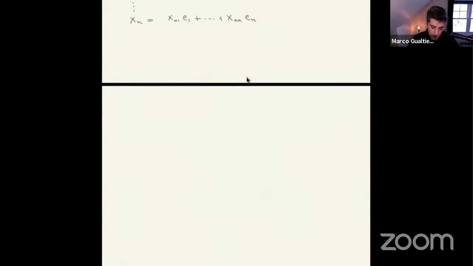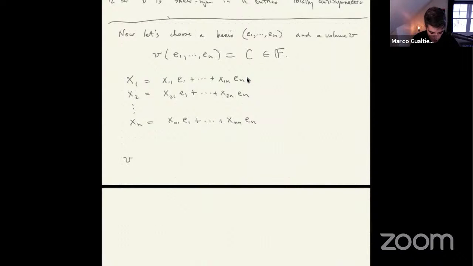Okay, and let's now compute the volume of x1, x2, through xn. Okay, so we have all of the information that we need to compute this volume because we know that the volume is multilinear. And we know that whenever you have the same vector in two entries, the volume is 0.